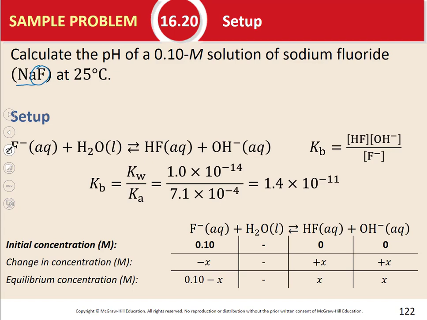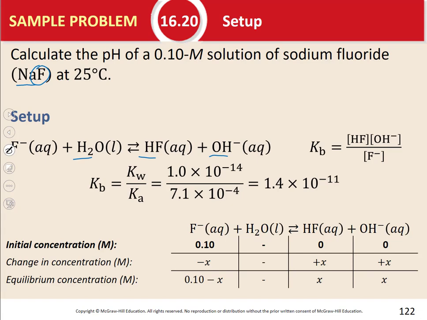So if we're just worried about the fluoride, our equilibrium reaction is going to look like this. Fluoride, F minus, plus water makes HF and OH minus. Now, this is acting as a base, so it is going to have a Kb. You are not going to find fluoride on a table of weak bases anywhere, so we can't look up its Kb value, but we can determine its Kb value from the Ka of HF.